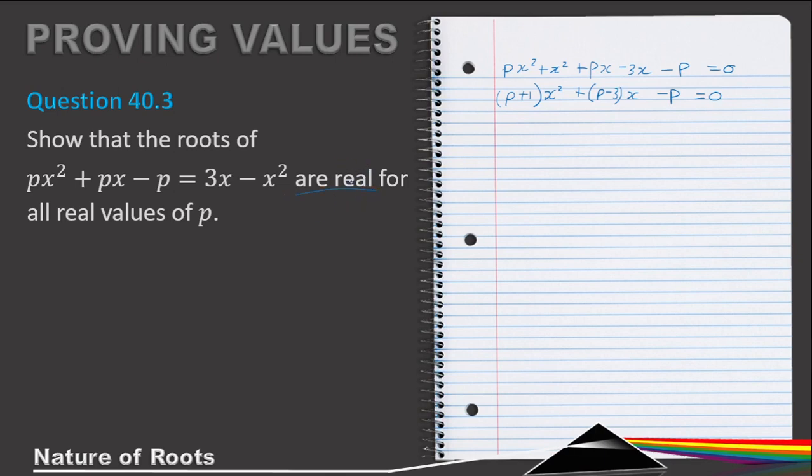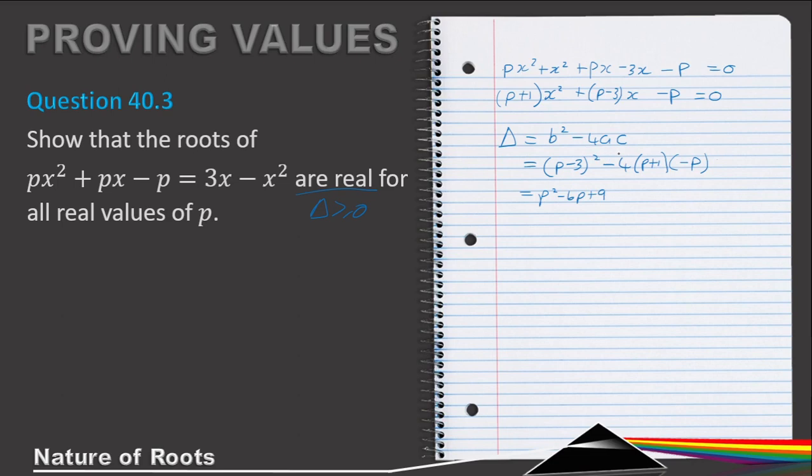Okay, now our keyword, real. So if it's real, the discriminant must be greater than or equal to 0. So in our case, discriminant equals b squared minus 4ac, we substitute in our values. p minus 3 squared minus 4, a is p plus 1, and c is negative p. Alright, simplify. So p squared minus 6p plus 9.